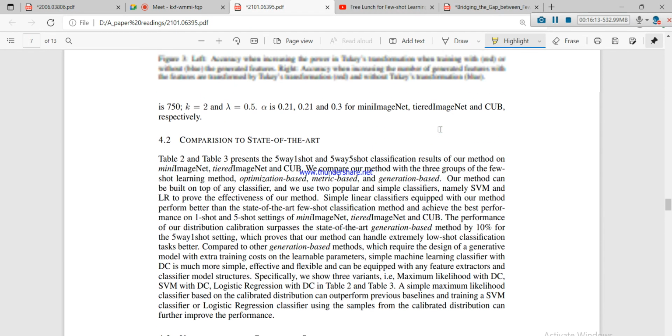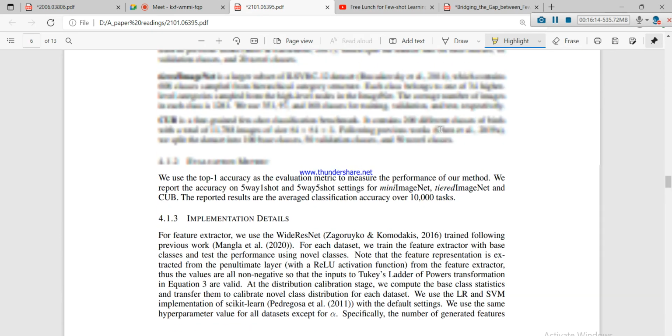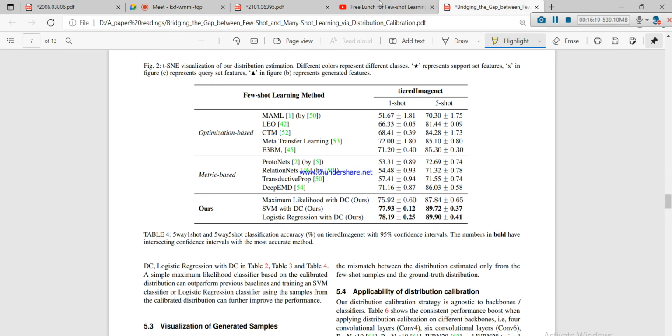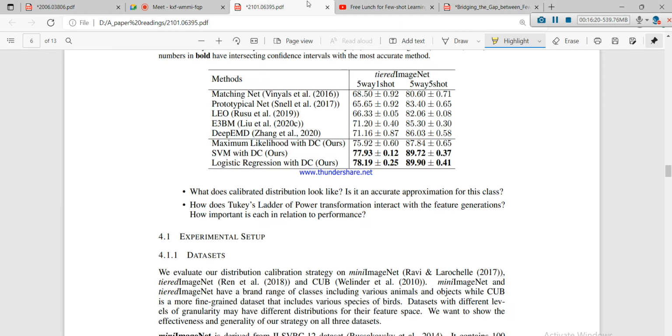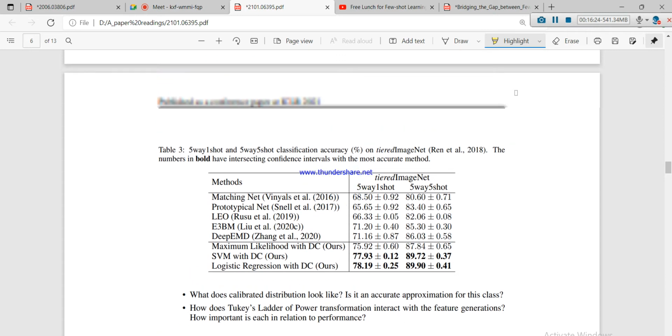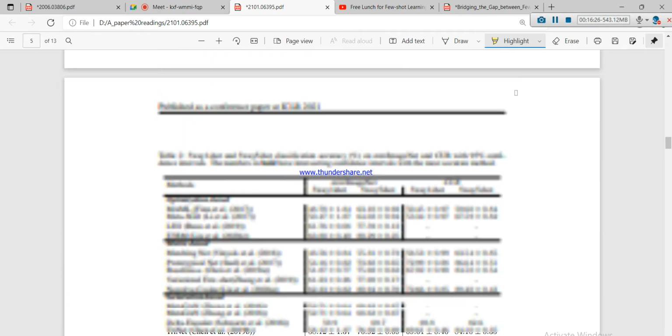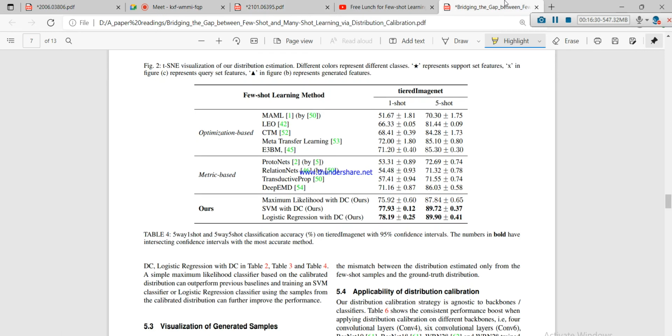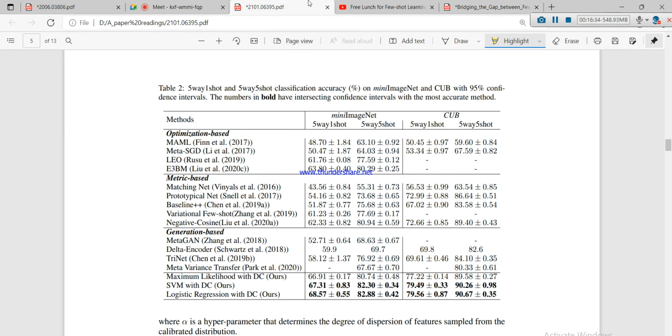These are other experiments before that. I think these tables would be similar. Optimization based, no optimization based, where is that table? Yeah, this table. So these both tables would be equal, and is there anything changed?